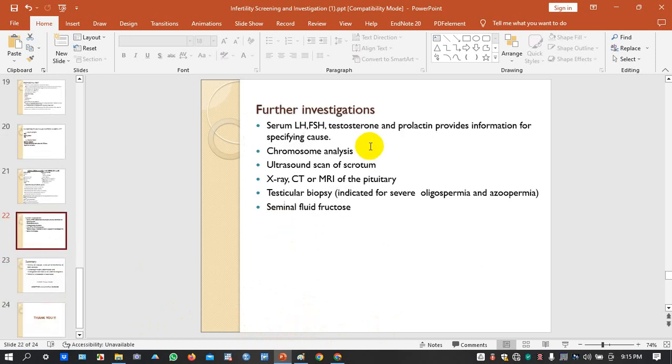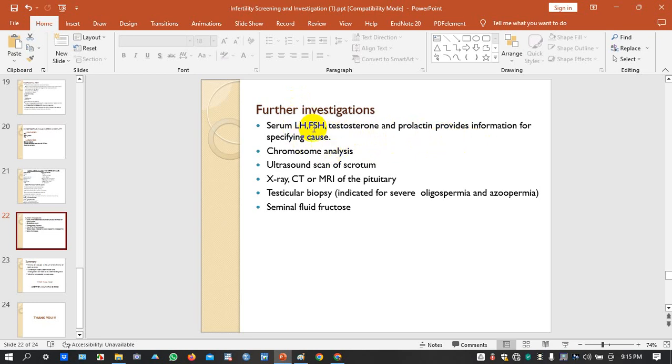These are the further investigations that can be done on the man. We have to do some hormonal workup. Luteinizing hormone, follicle stimulating hormone and testosterone are three hormones that affect spermatogenesis. Prolactin also provides information for a specific cause.